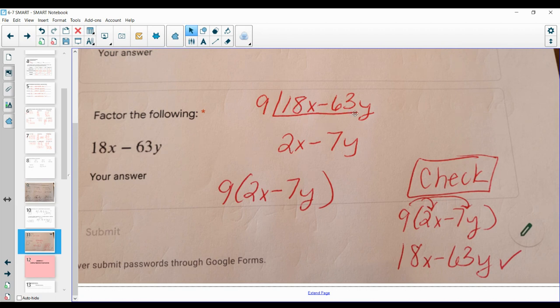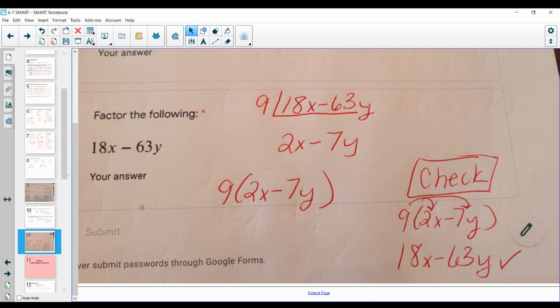And then negative 63y divided by 9, you're going to get negative 7y. This is your answer. Be careful, because a lot of you guys got that GCF, but you didn't have the right terms inside of the parentheses. And when you go to check, you're going to see, oh, it doesn't match. I did something wrong. So make sure you're checking. This is all of the work.